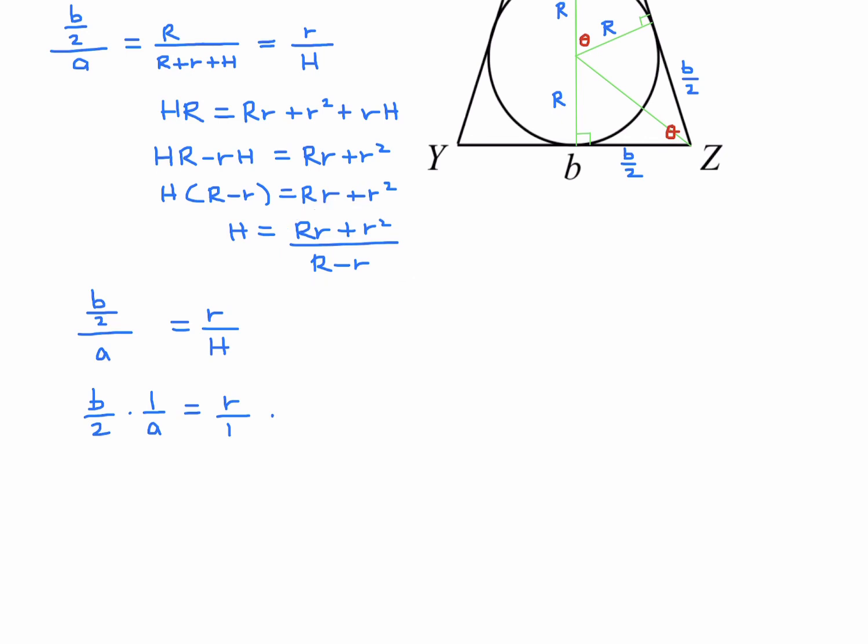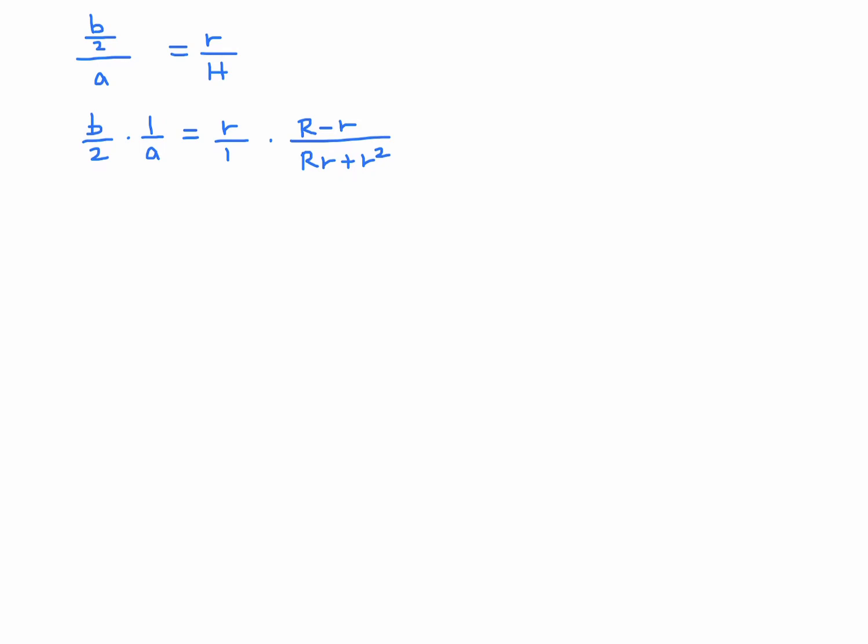So it will be R minus r over r plus r squared. All right. So now we pretty much boiled down the question to this. And this, if done properly, should give me what I'm looking for, where I have to get some sort of expression where big R over small r is in terms of A and B. Something like that.